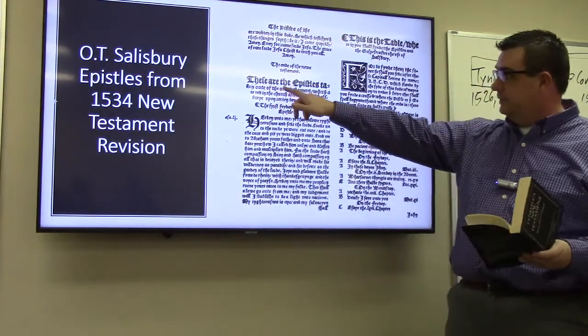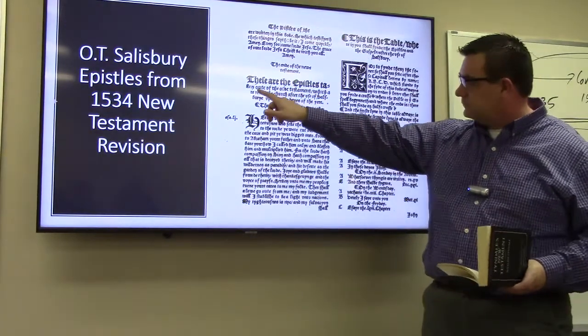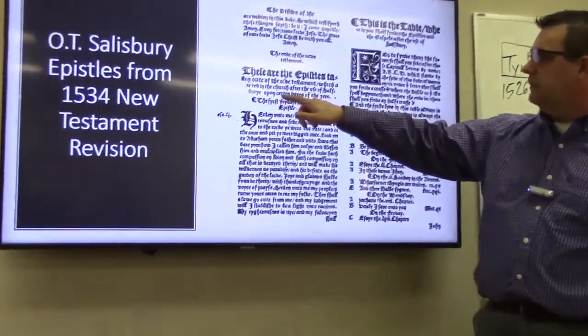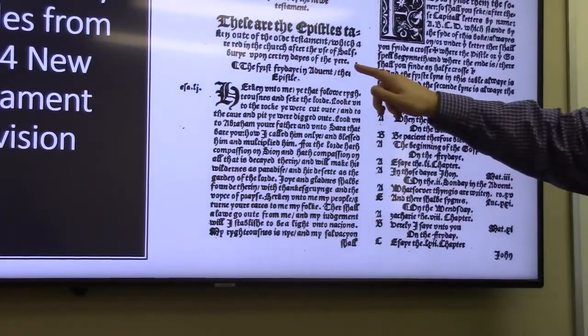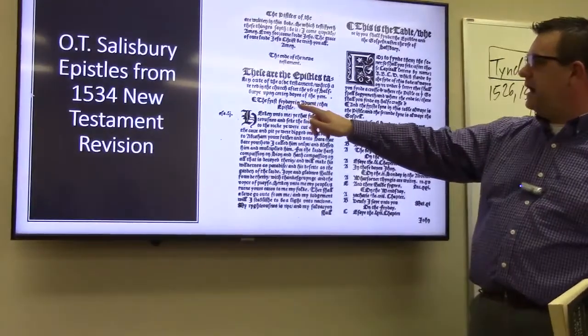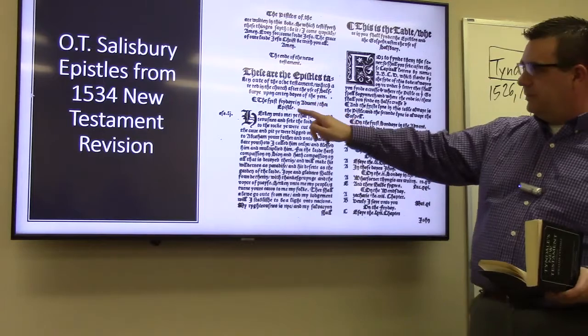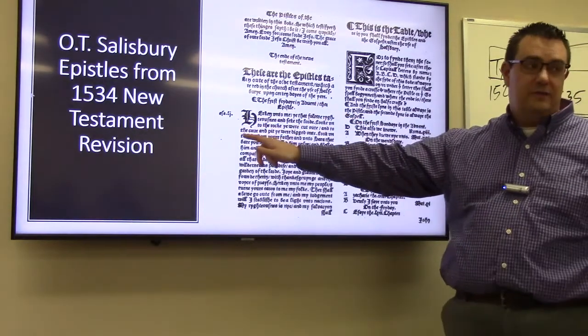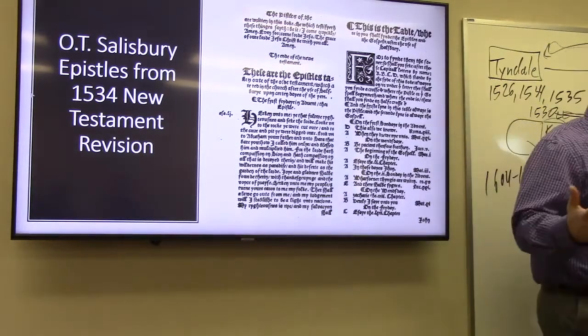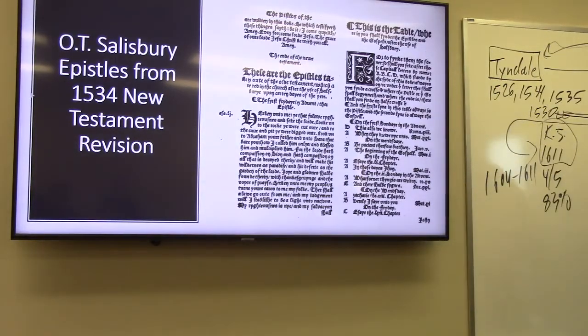But it says here, these are the epistles taken out of the Old Testament, which are to be read in the church after the order of Salisbury upon certain days of the year. The first, let me get this right, the first Friday in Advent, the epistle, and then this is going to be from Isaiah 51. So there's a liturgical calendar that the church is following.